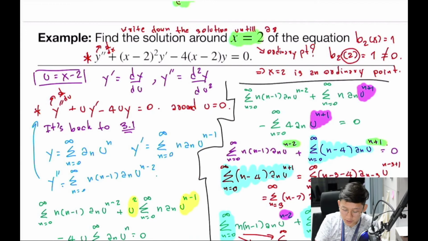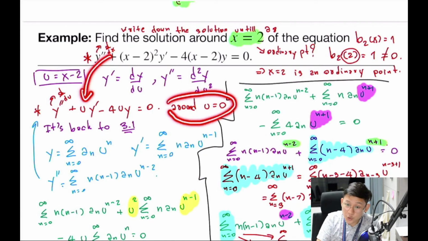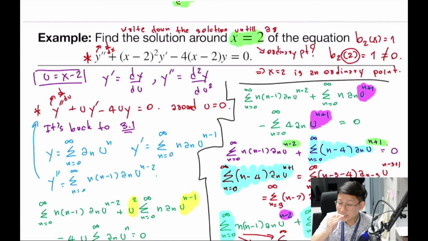So here we can still write y double prime, y prime, and y, so we keep them the same. And then we change this x minus 2 to u and x minus 2 here to u as well. Then the problem changes to this equation around u equals 0, and that is exactly the same as in the previous section.